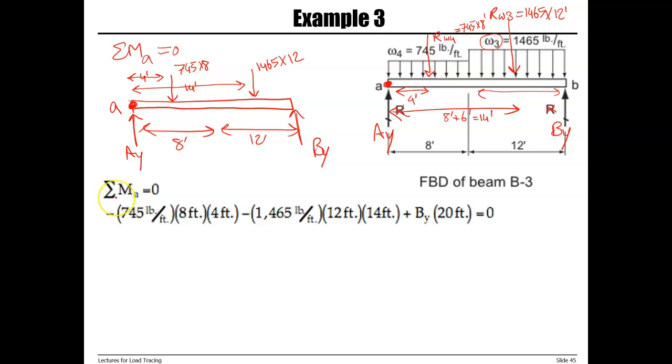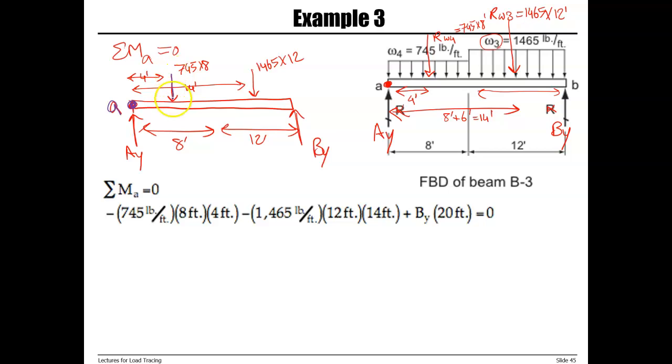So now let's look at the formula for sum of moments around point A. A1 passes through point A, so the distance is 0 and the moment is 0.